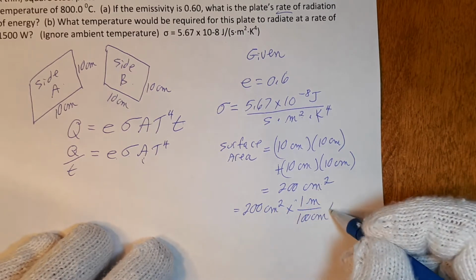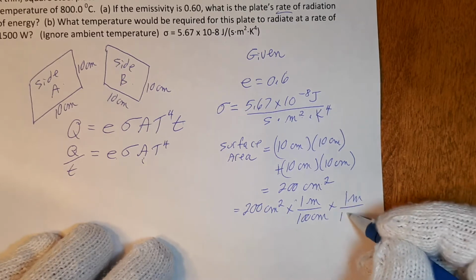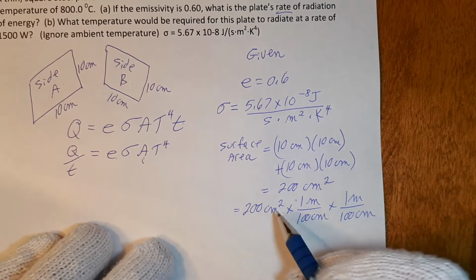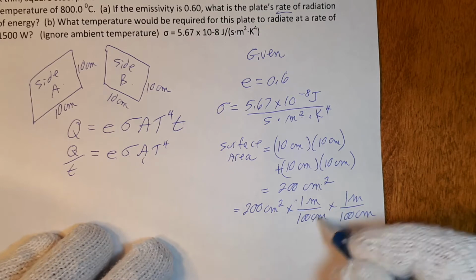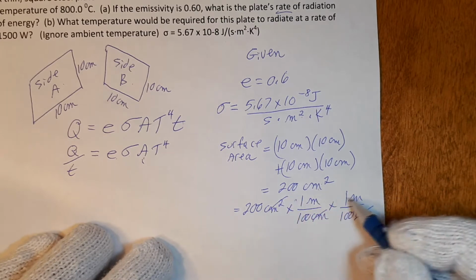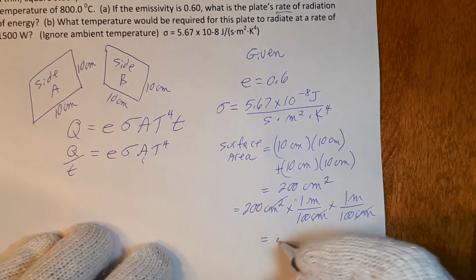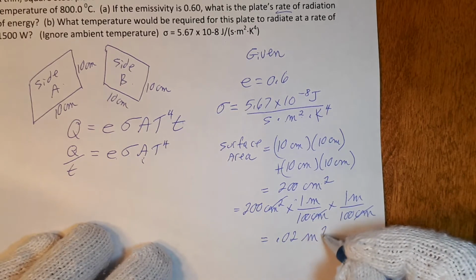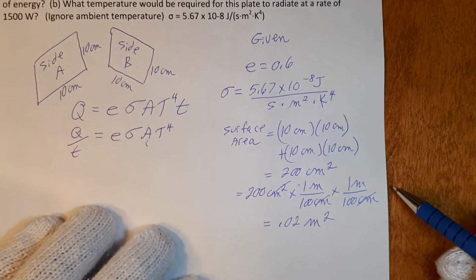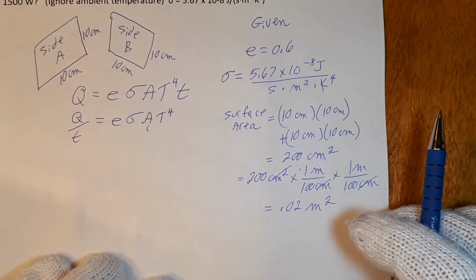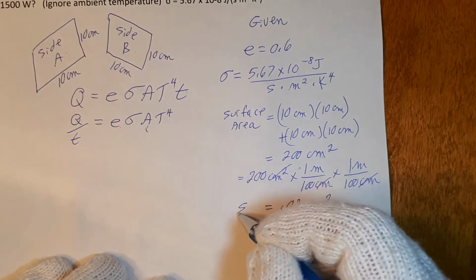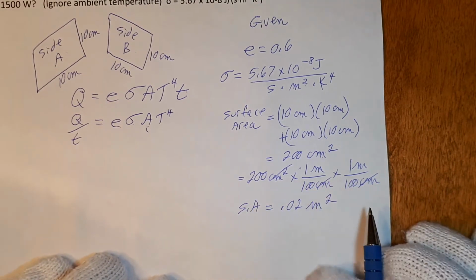Follow the units. 1 meter, 100 centimeters. I have to do it twice because it's squared. And the centimeters can all cancel out, leaving me with meters squared, and that's equal to 0.02 meters squared. And that is the surface area.